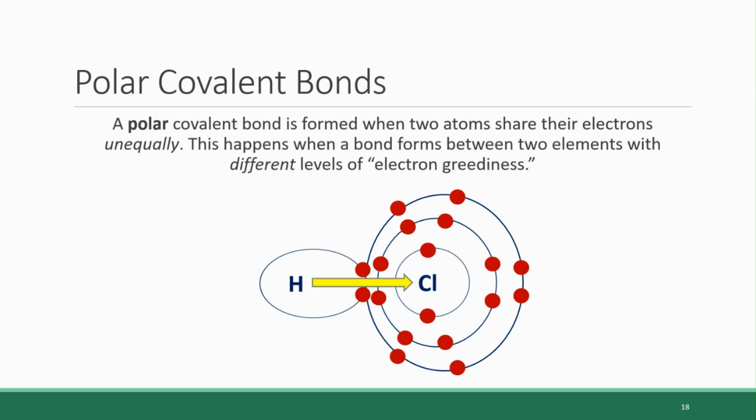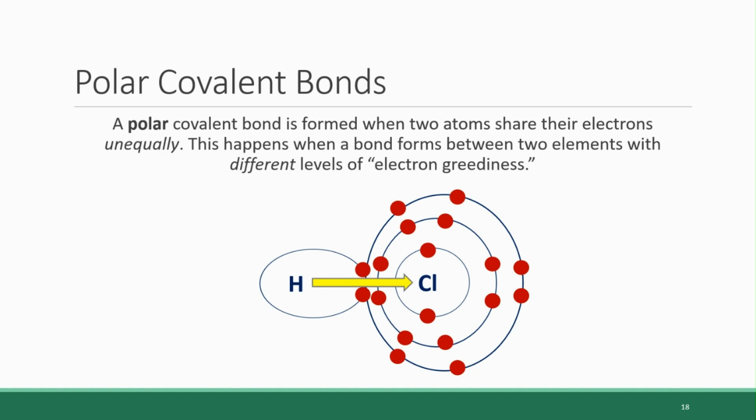As a result, the right side of this molecule is now slightly negative because it has more of the negatively charged electrons, while the left side is slightly positive because the electrons have been somewhat drawn away, leaving the positively charged protons to predominate. That's why this is called a polar bond.